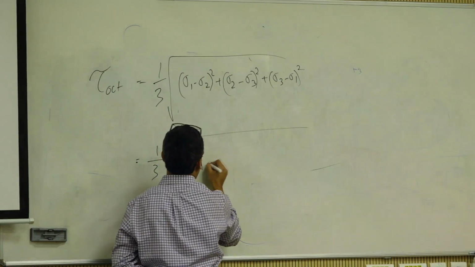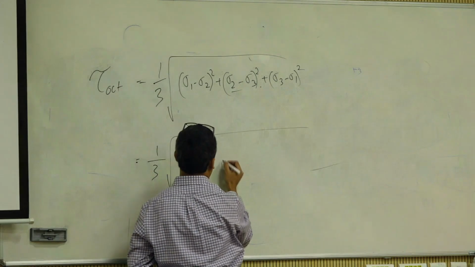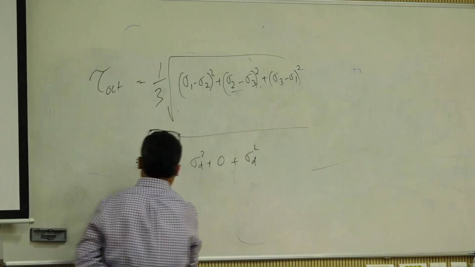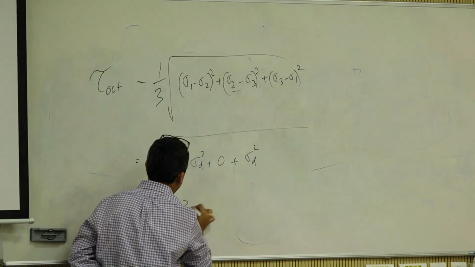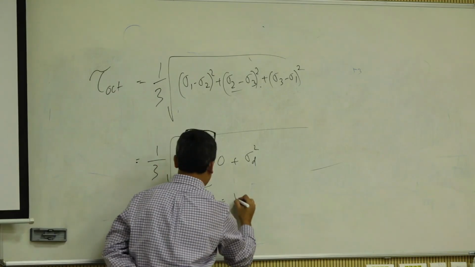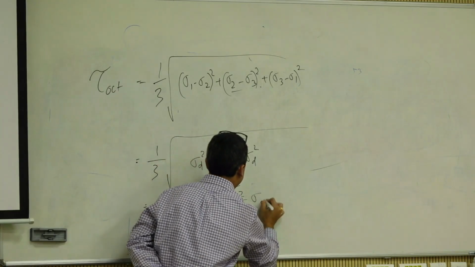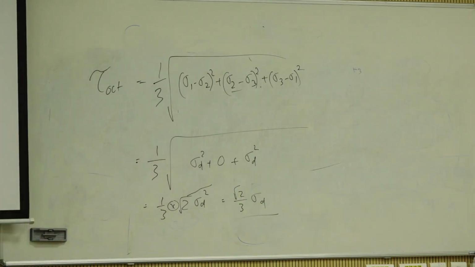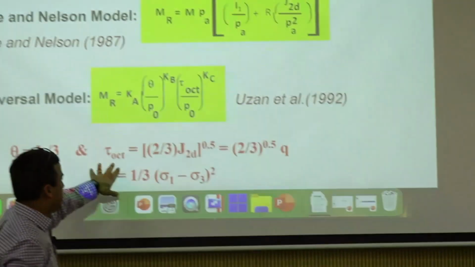Sigma d. What is this term? Plus what is this term? So 1 over 3 times 2 times sigma d, square root of the whole thing, is square root 2 over 3 times sigma d. That's called octahedral shear stress. That's also sometimes referred to as the J2D.